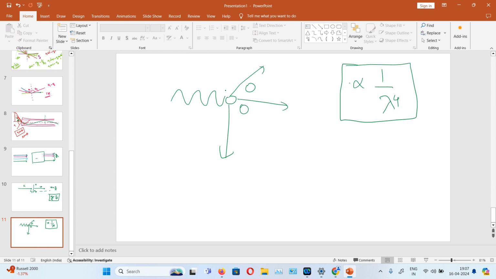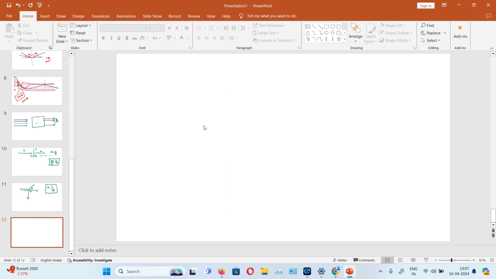So what happens in the case of light in the morning and at noon? White light is coming from the sun, interacting with different particles, dust particles and water droplets in the sky, and it is getting scattered.